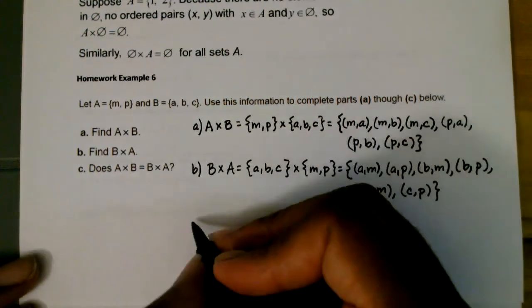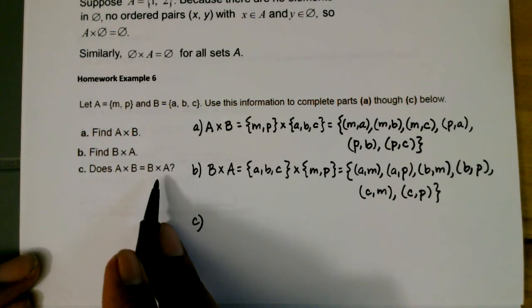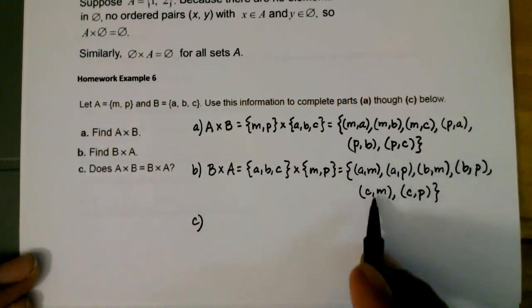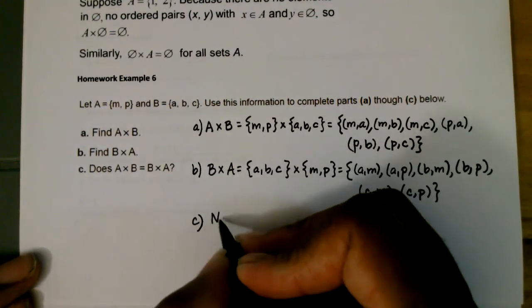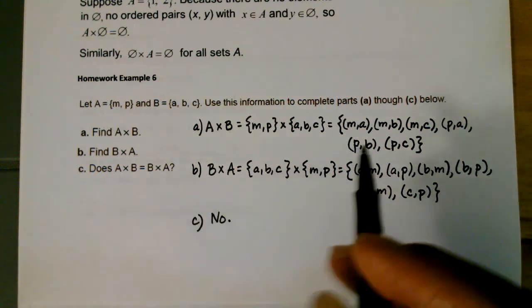Now part C, does A cross B equal B cross A? If you look at this, the answer there will be no. The reason is that the components of the corresponding pairs in each product are reversed.